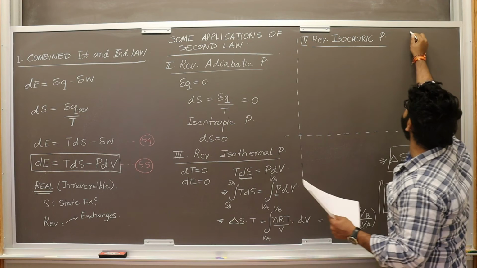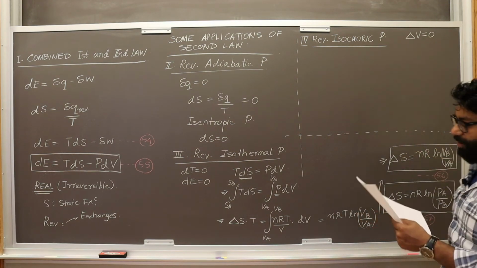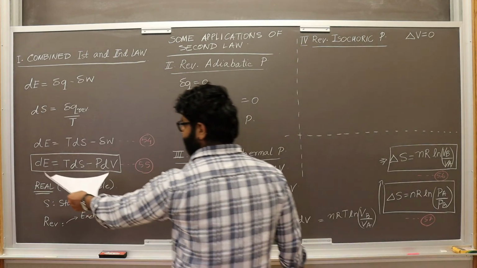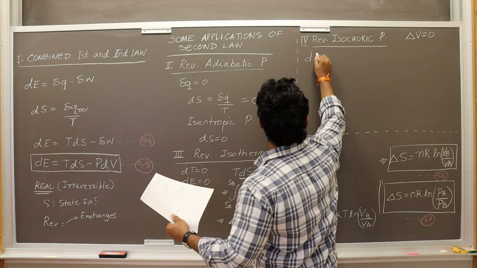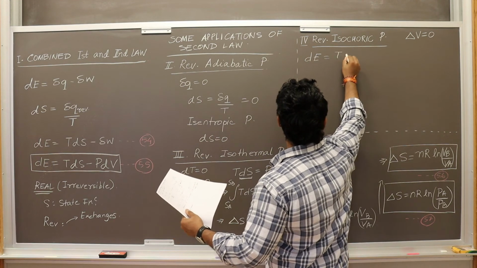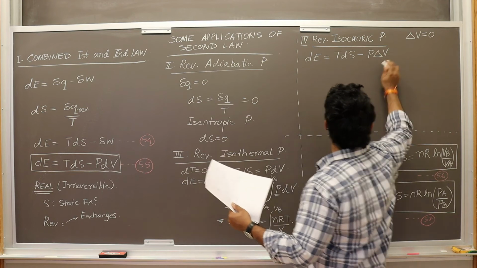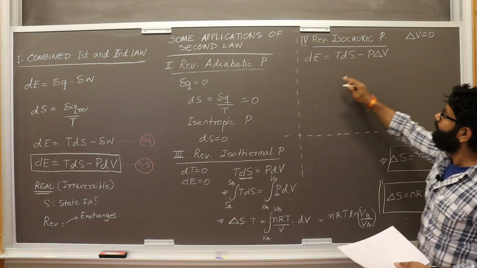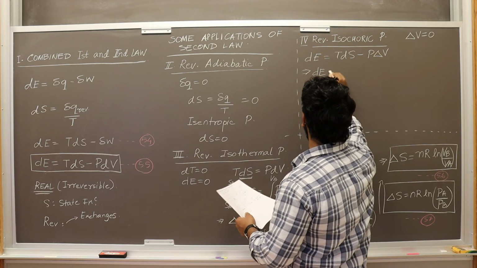What's an isochoric process? One in which the volume is constant, so there is no change in the volume. Now we have dE, I'll just write this, dE is TdS minus PdV. Now since PdV is 0, the equation becomes dE equal to TdS.